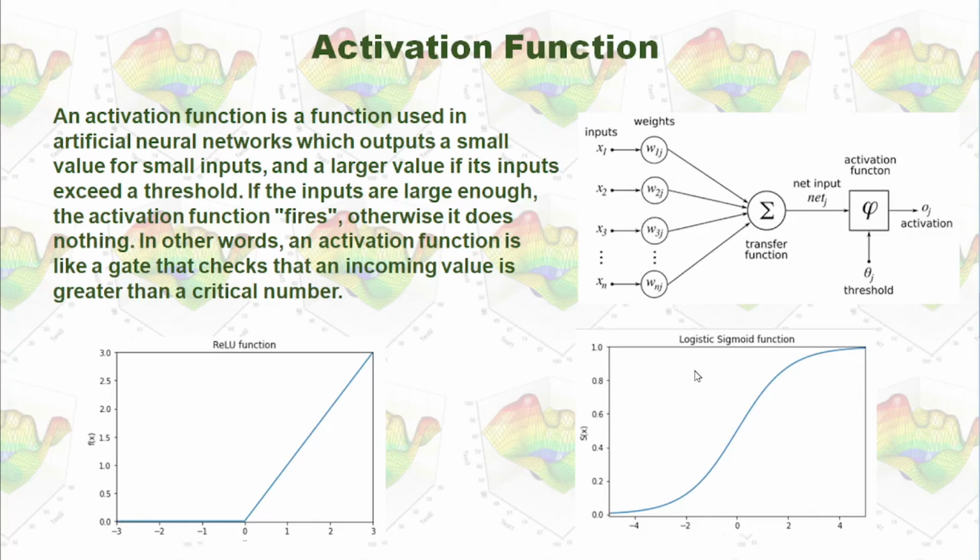Another activation function is called logistic sigmoid function. And this activation function is usually used for credit risk. For example, when a customer is applying for a mortgage, if the output is 1, that means we will approve his or her application.